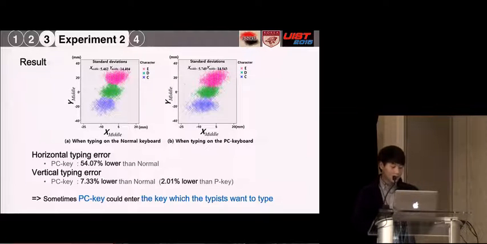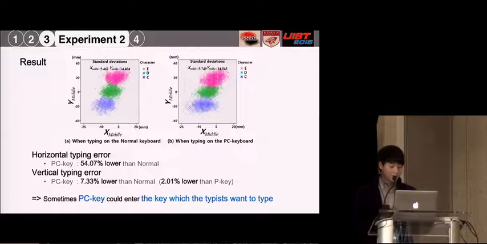Let's look at the above figures. This figure shows 2 touch offset clouds of the left middle finger when typing on the normal keyboard and the PC keyboard. The left side shows the clouds of the normal keyboard, and the other shows those of the PC keyboard.